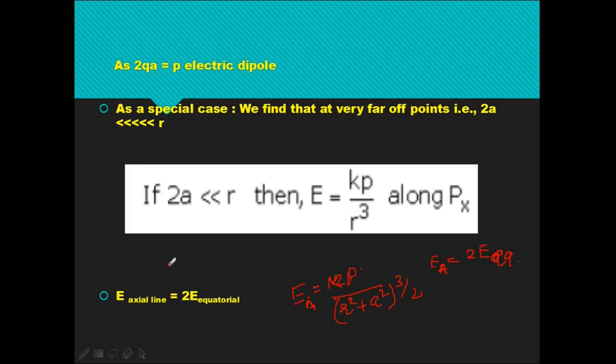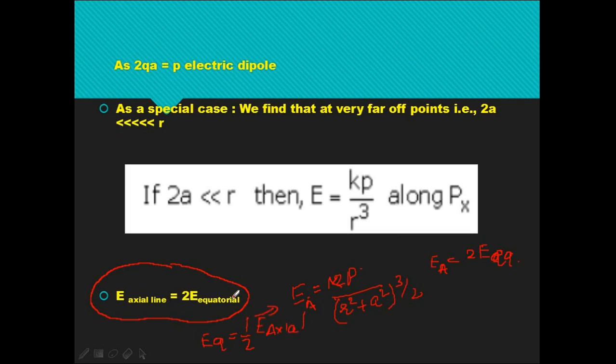Now this is a relation between the axial line and the equatorial line. This is an important result from the exam point of view, because objective type questions are asked on it many times. Now the relation is that the equatorial field is equal to half of the axial field. Clear students?